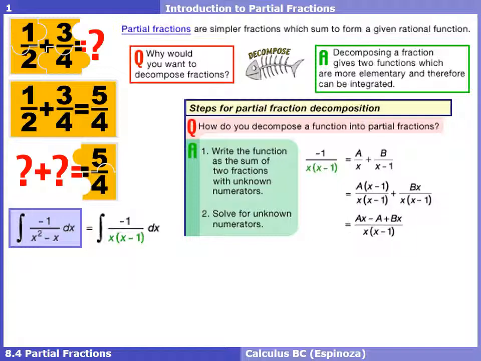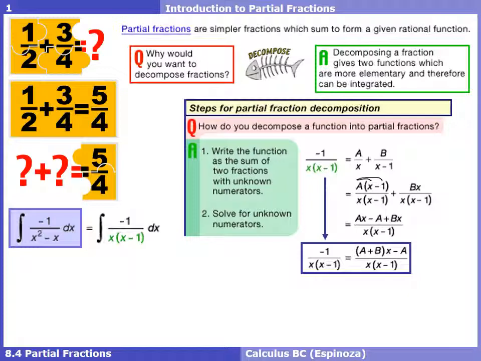The next thing we need to do, since they do have a common denominator, is to combine these two fractions. You'll notice that if we distribute that a to both of those terms, we'll get ax minus a plus bx, all divided by now our common denominator of x times x minus 1.